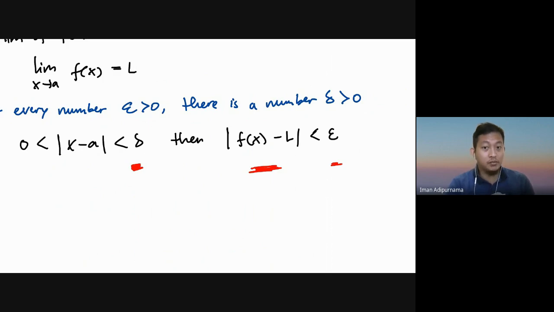So it's like going forward and backward. And to prove all the things in the function are correct, then if all is fine, all is correct, then the number that we assumed will be our delta. Okay, it will be our delta. All right.